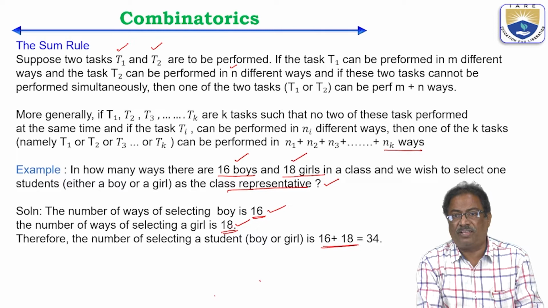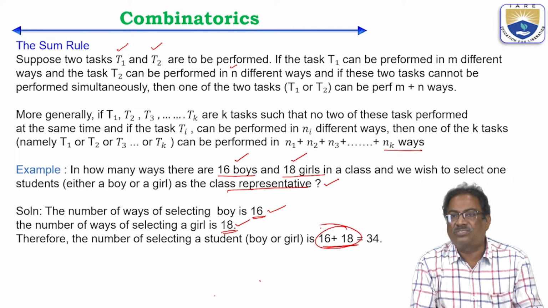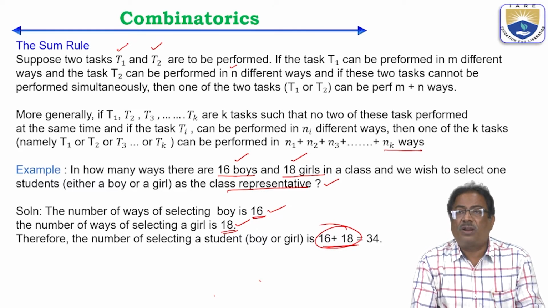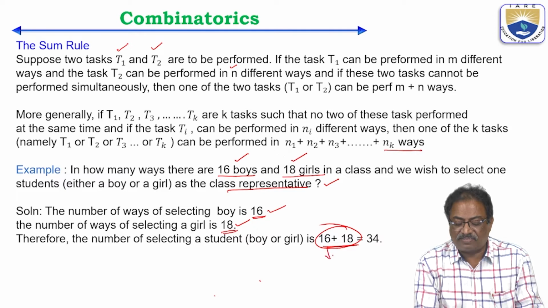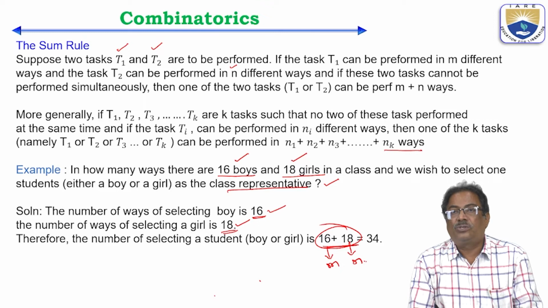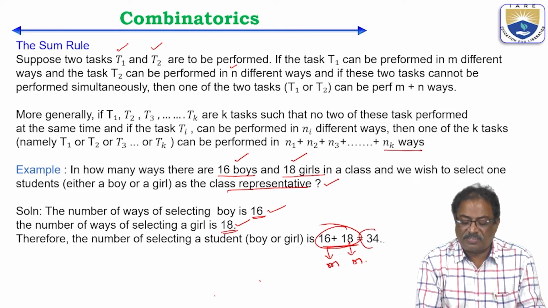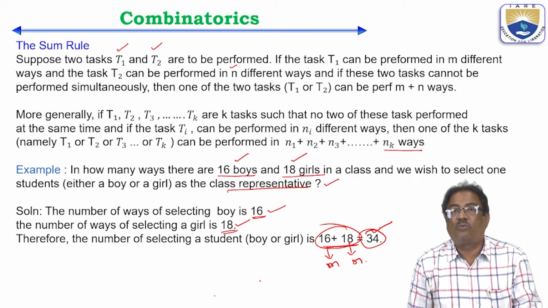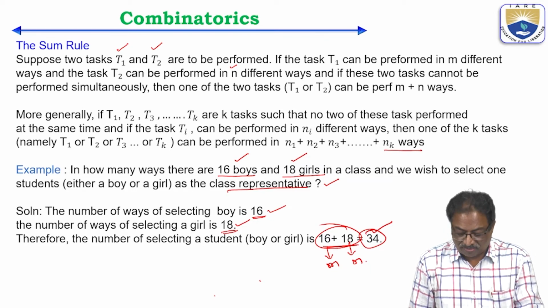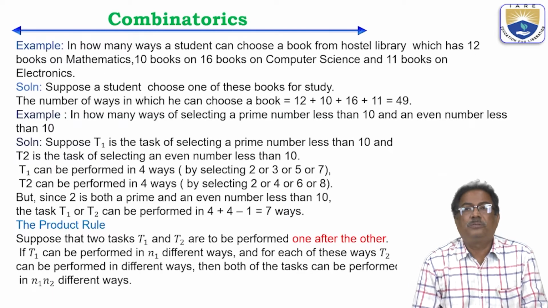Any one of the two tasks can be performed in m plus n ways, so the class representative, either a boy or a girl, can be selected in 34 ways.